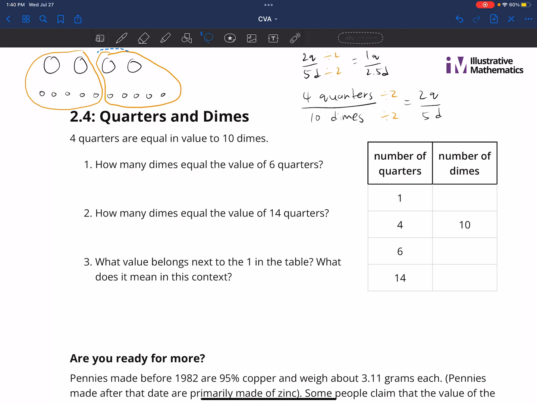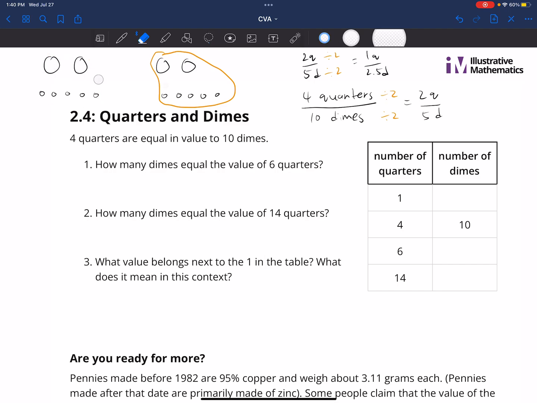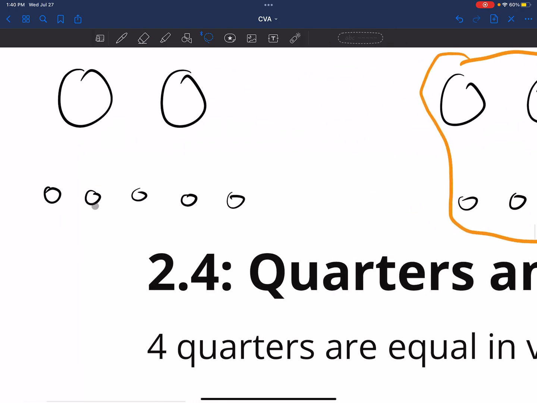So I'm going to get this one here, move it to the right. So let's take a look, right? I want to divide this into another half because I just want to know what 1 quarter is. But you're like, okay, well, there's 5, so it doesn't work. So what I'm going to have to do is get this dime and essentially cut it in half.